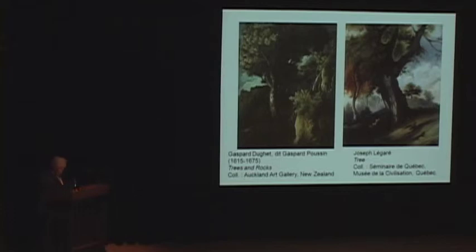I want to show you now two pictures which are quite far apart in time, in which the same theme, very similar to that, will be depicted. The first one is by Joseph Légaré. And Légaré, I think we mentioned it already, was a painter of the 19th century.